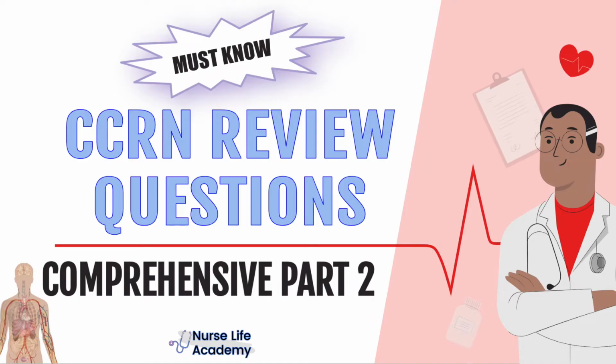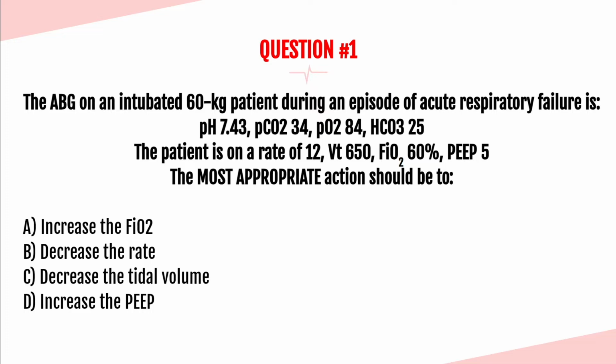Let's get started. Question number 1. The ABG on an intubated 60 kilogram patient during an episode of acute respiratory failure is a pH of 7.43, a PCO2 of 34, a PO2 of 84, and a bicarb of 25.